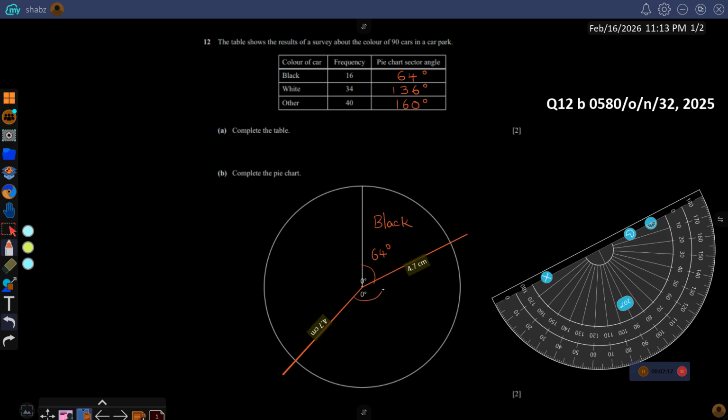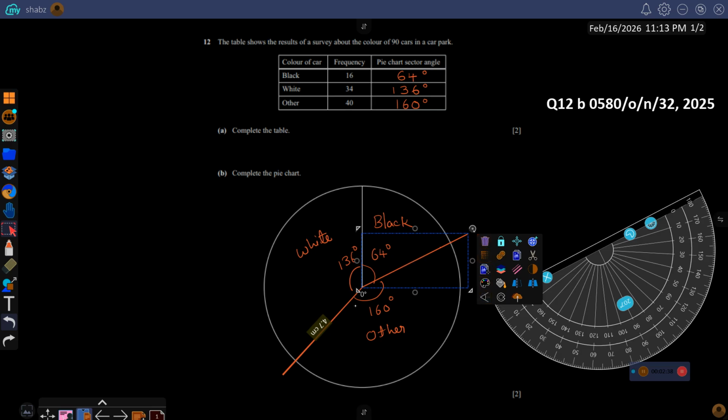This is angle 160. So this will be other, and the remaining angle will be 136. So this will be white. So this is done, students. Completing of pie chart is done.